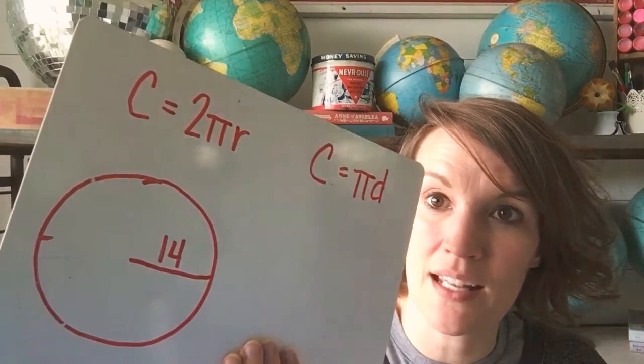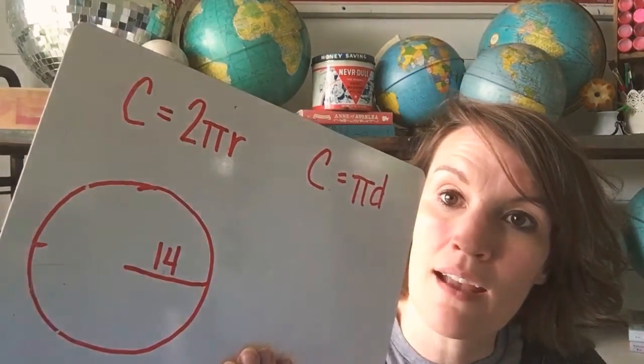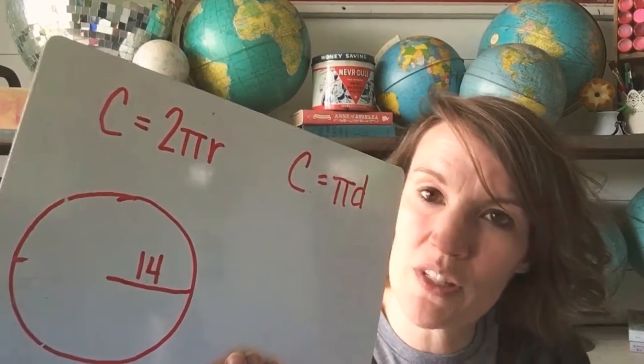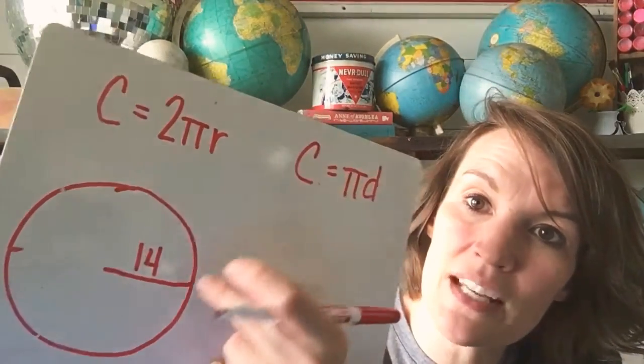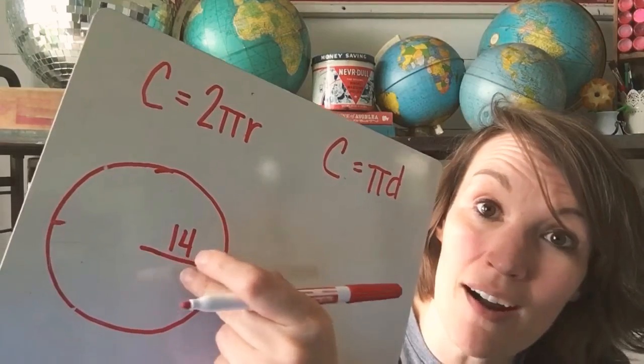Okay, radius of 14. Which one of these formulas would we use? We would use circumference is equal to 2 pi r, because I'm giving you radius. So circumference is equal to 2 times pi times radius, which is 2 times pi times 14.